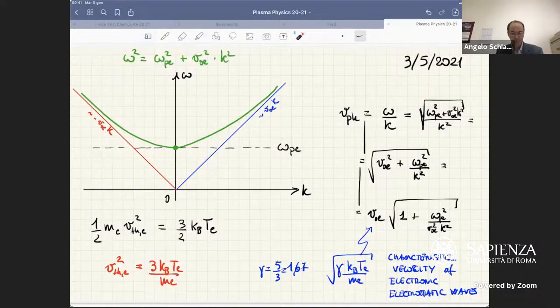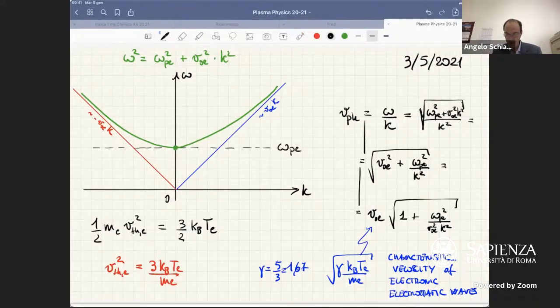If the wavelength is shorter than or equal to the Debye length, then the fluid description is not valid anymore, and we enter a region where we observe in a plasma what is called Landau damping. So it means that waves that have too short a wavelength are not propagating anymore. So we see that.